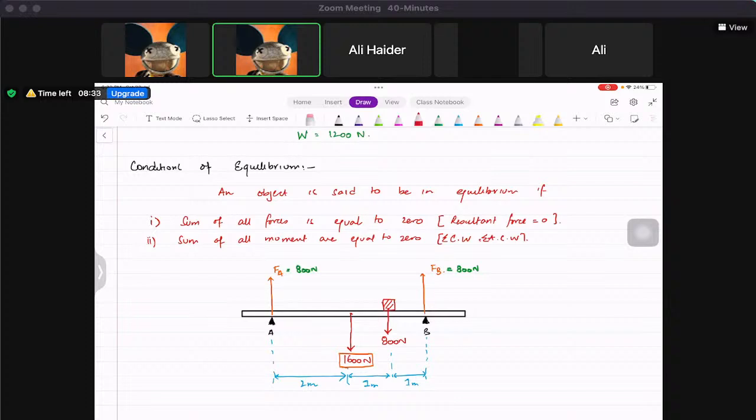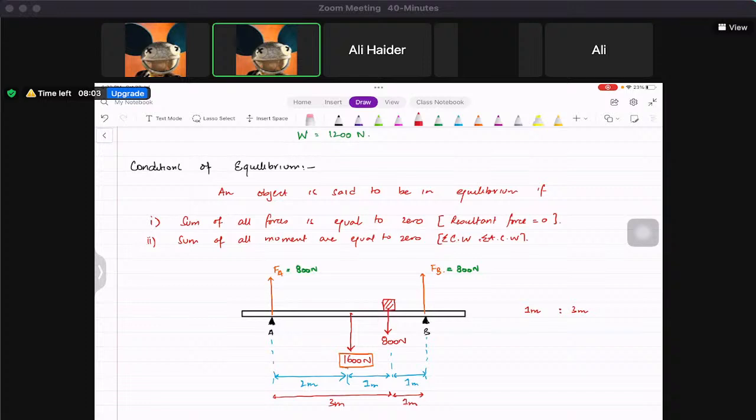We'll do a simple ratio method. You need to understand that B is 1 meter from the force and the other ratio is 3 meters. If you look at it, this whole distance till the force is 3 meters, and that's just 1 meter. Now to do this, just remember this.